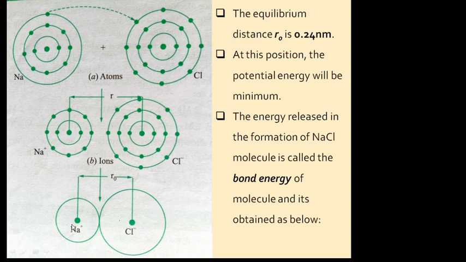Close proximity means very near, so near that they touch each other. So that distance is the equilibrium spacing. In the sodium chloride molecule that distance is 0.24 nanometer. You can just imagine how small the distance is. 1 nanometer is 10⁻⁹ meter, and this is even less than 1/3 of that. So it is very close to each other, and that is the equilibrium distance for the formation of a sodium chloride molecule.